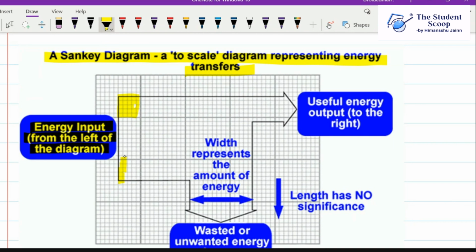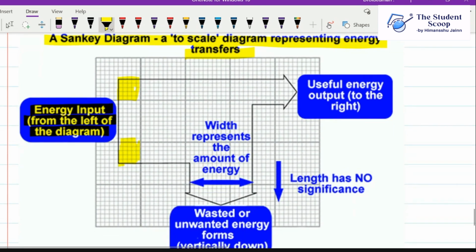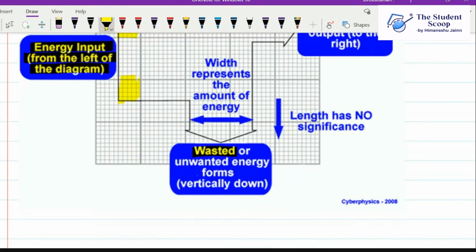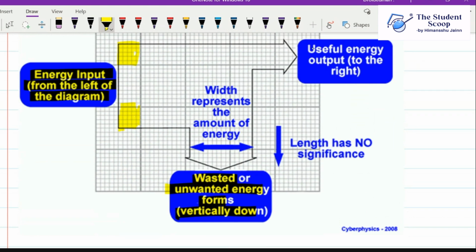These 4 boxes are used in the vertical direction. Okay, now once we understand this, whenever you encounter a wastage of energy, you have to draw the arrow downwards, while the useful energy output will be given to the right. So we have the input, and we get wasted energy downwards and the useful energy to the right. Okay, so width is important here because width represents the amount of energy.